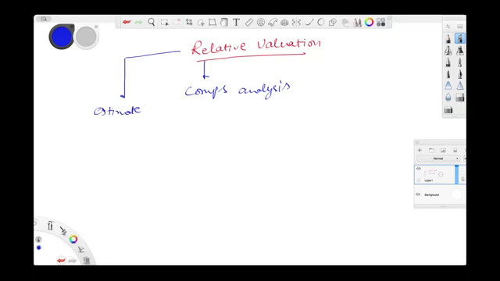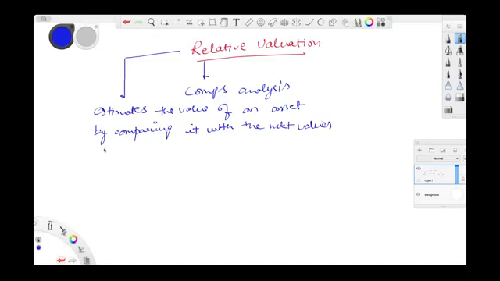We're just estimating. It estimates the value of an asset by comparing it with the market values of similar assets. Why do we say market value?